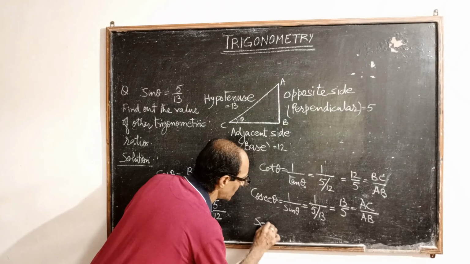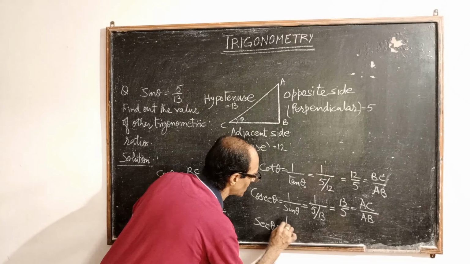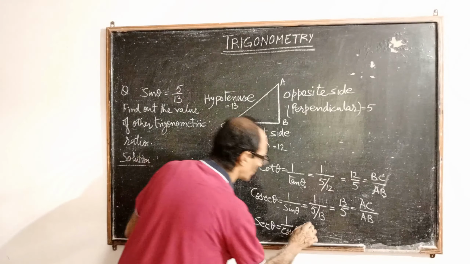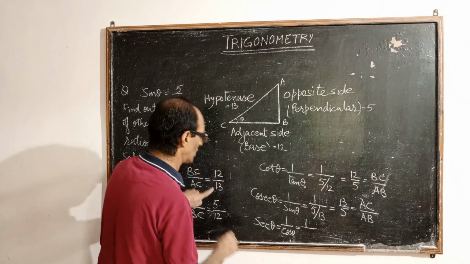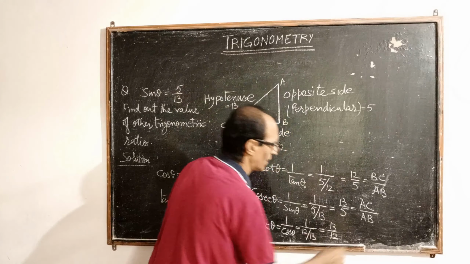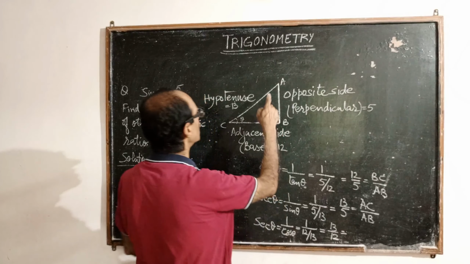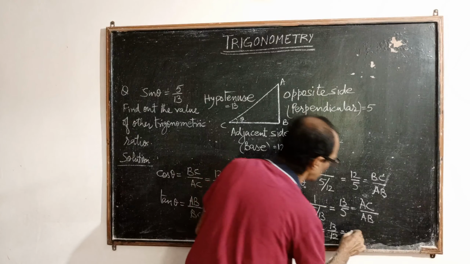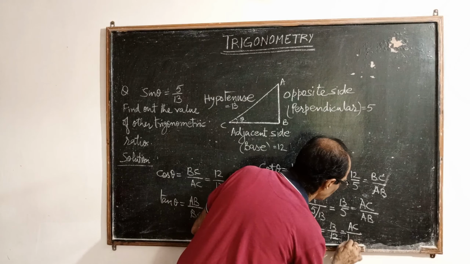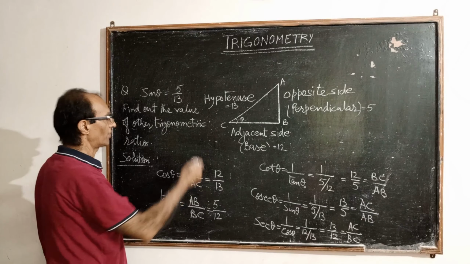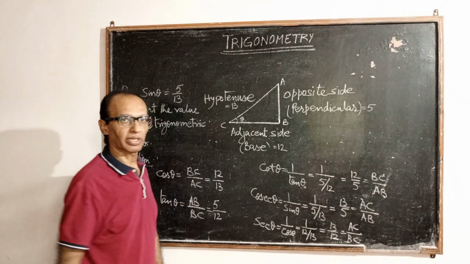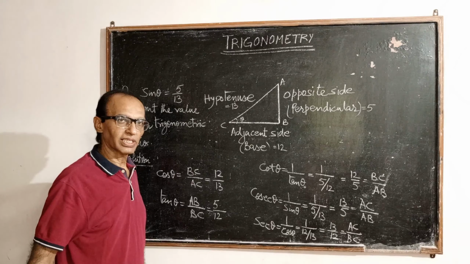Similarly, secant theta is 1 upon cos theta, that is equal to 1 divided by 12 upon 13. We write it as 13 upon 12. And that is nothing else but side AC upon the base, that is BC. So this way, if we are given one trigonometric ratio, we can work out the other trigonometric ratios accordingly. I hope that is clear.